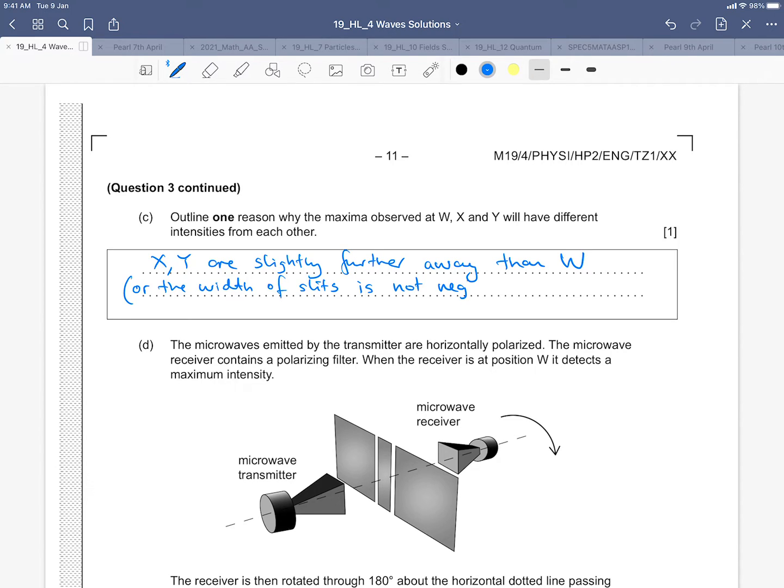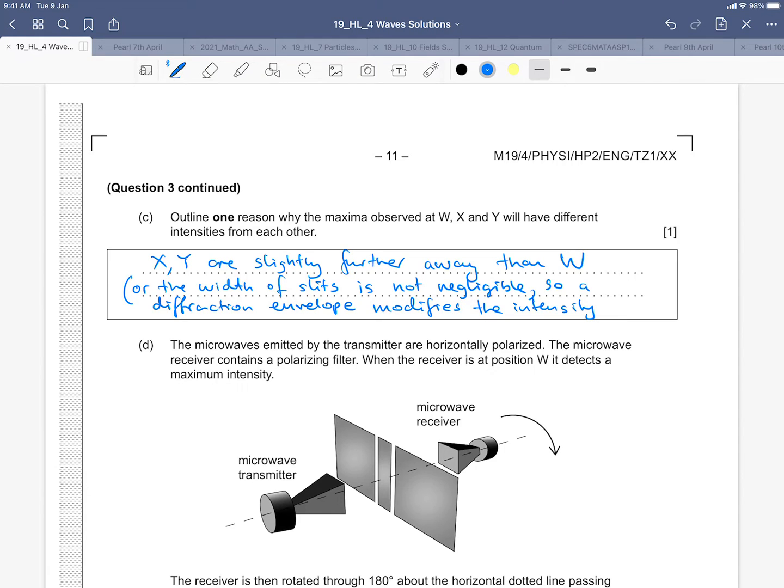Typically it's not negligible. So a diffraction envelope modifies the intensity.